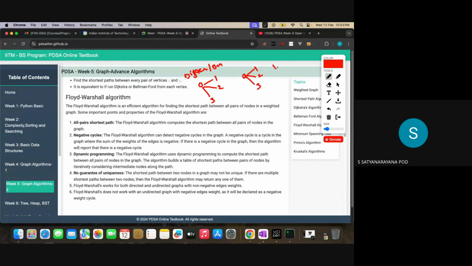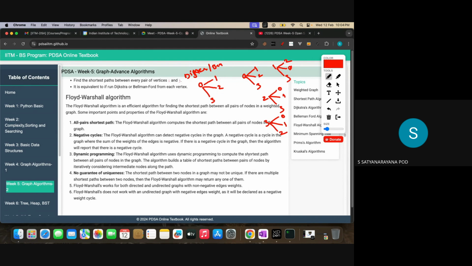Next it will try 1 to 2, 1 to 0, 1 to 3. Next 2 to 0, 2 to 1, 2 to 3. Then 3 to 0, 3 to 1, 3 to 2. You get all pairs. It investigates all the possible paths.